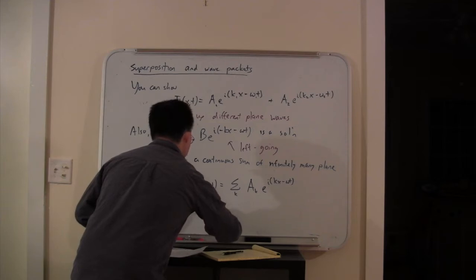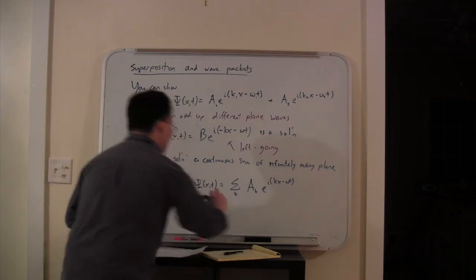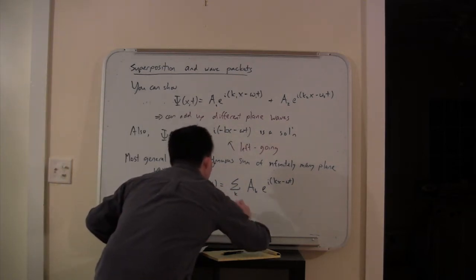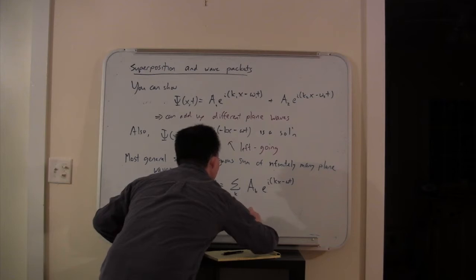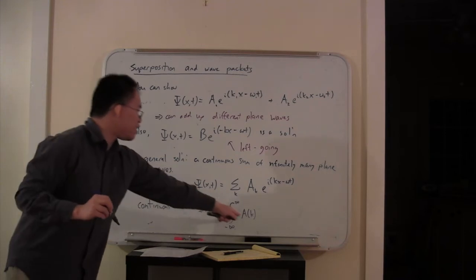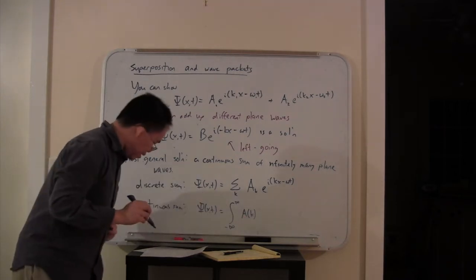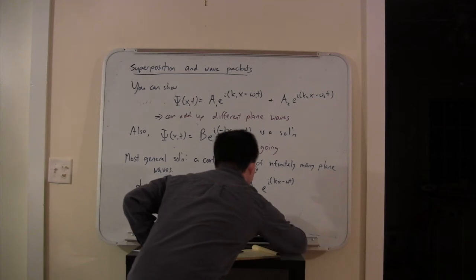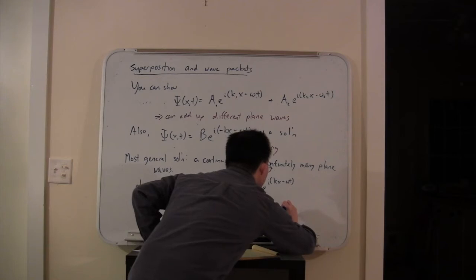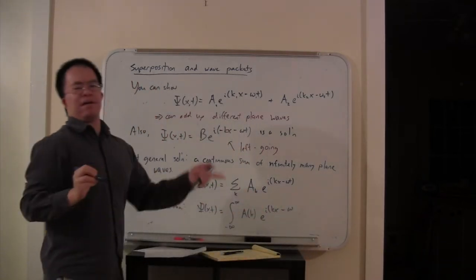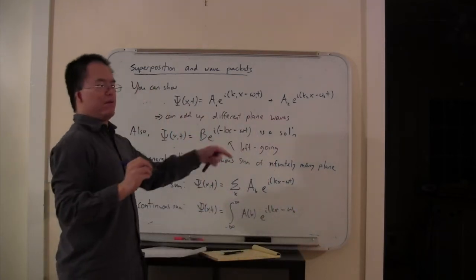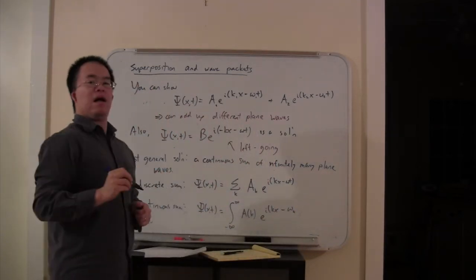Psi of x, t equals an integral from minus infinity to infinity of a of k. We now let the amplitudes, rather than being discrete, be a continuous function that depends on k, e to the i (kx minus omega sub k t), and I'll write omega sub k following Townsend because there'll be a different frequency for each k.